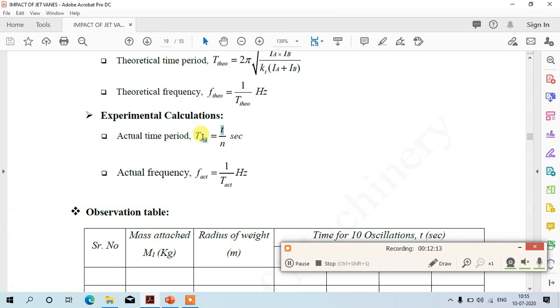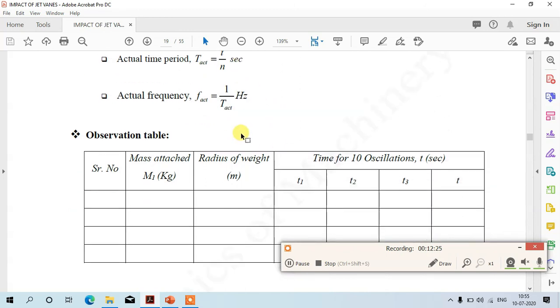This capital T is the time period for one oscillation, measured experimentally. The frequency will be the inverse of this actual time period. This is how the readings will be taken, and the observation table is given over here.